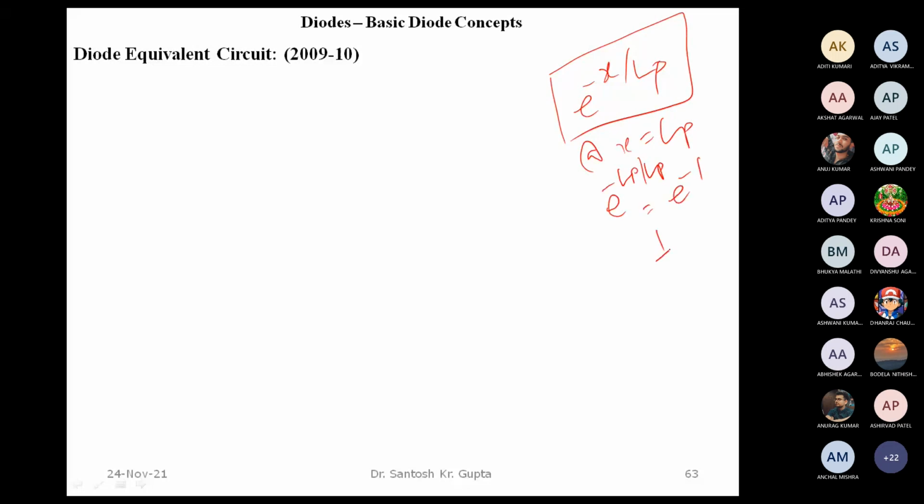That's what we have been saying, that the concentration is going to decay by 1 upon e times of this as we move away from the origin. Origin means the boundary between the n and p types. So that's what we have seen.